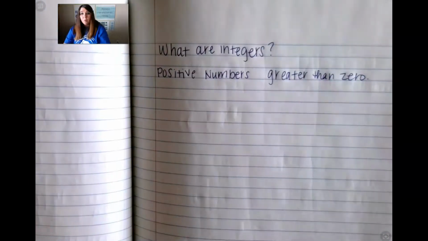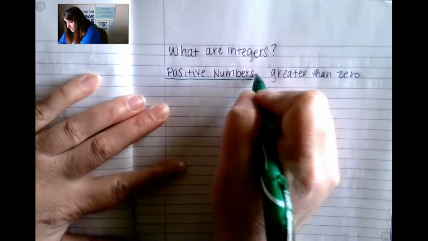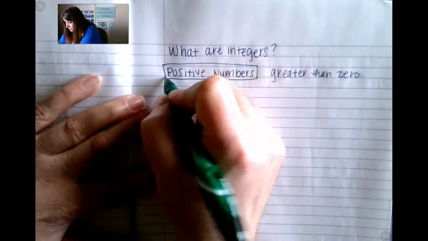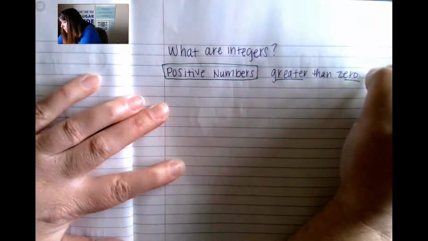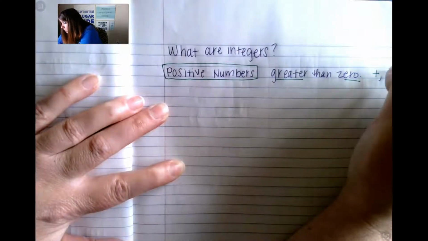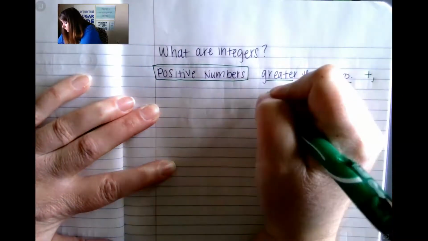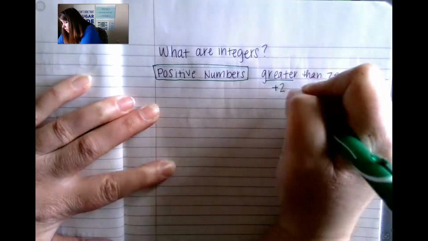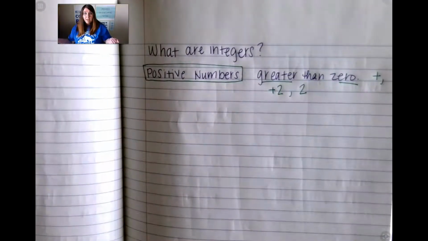Okay, so they have more value than 0. And they can be written with a plus sign or without. Okay, so for example, they could be like plus 2 or just a regular 2. You can write them either way.